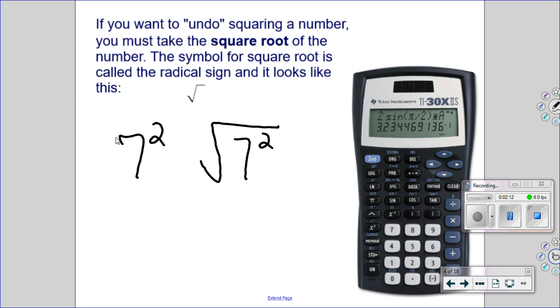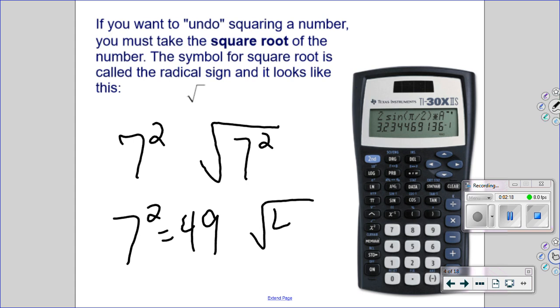So what's 7 squared? 49. If we want to get rid of it being squared, we can do the square root of 49 and we get 7. This symbol is called the radical sign.